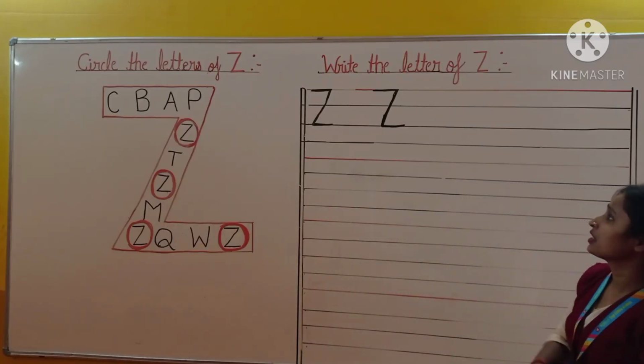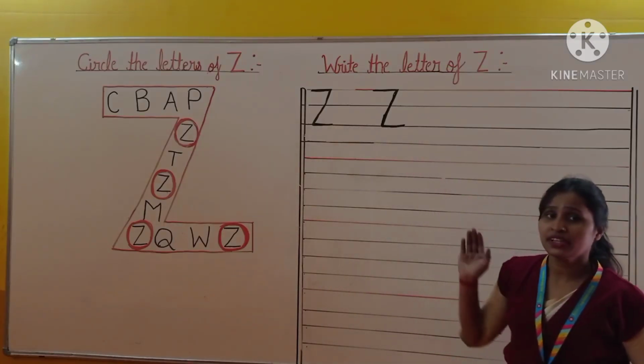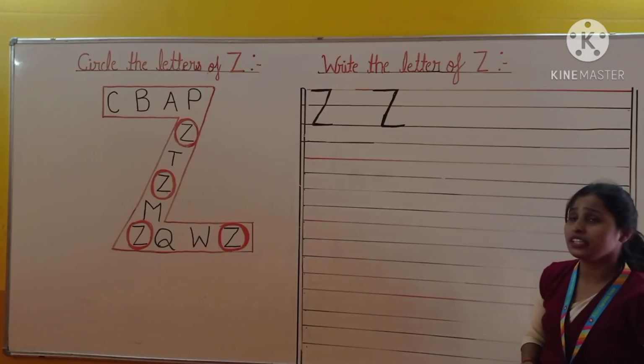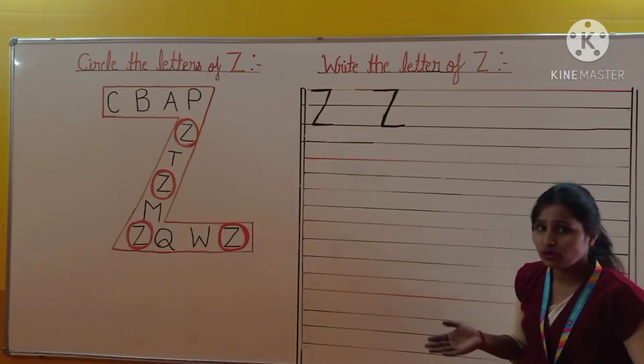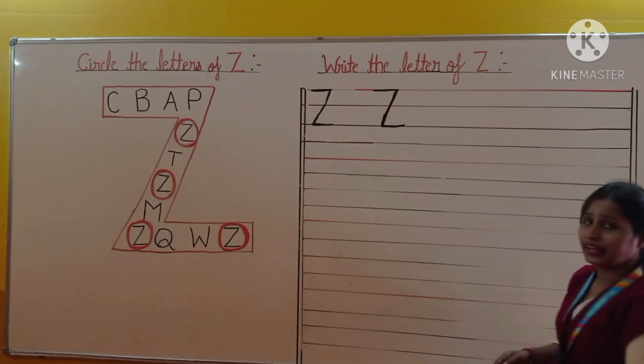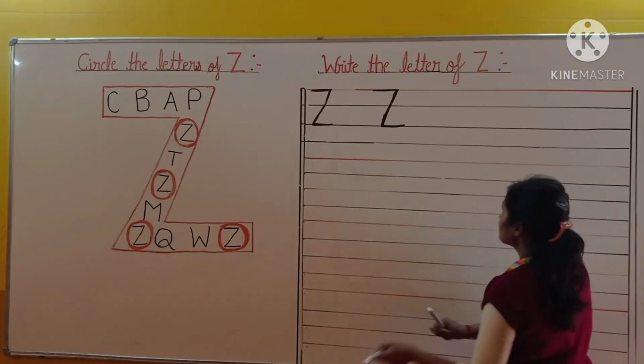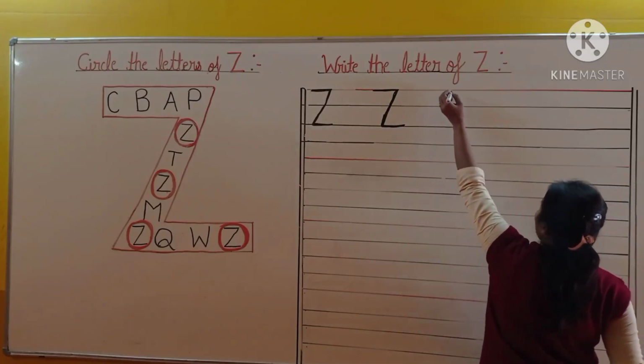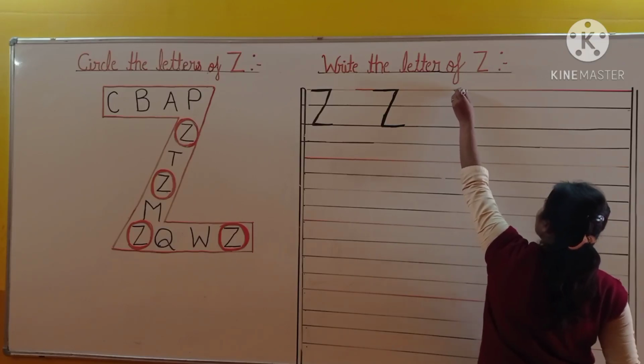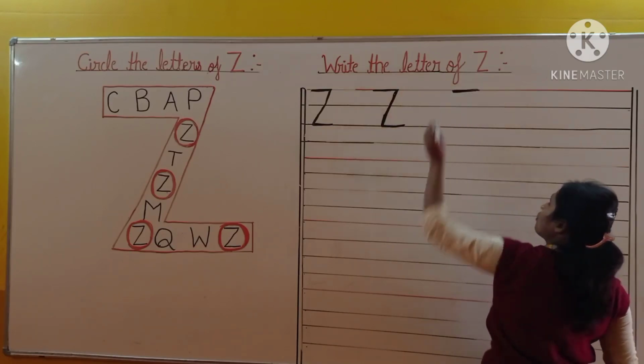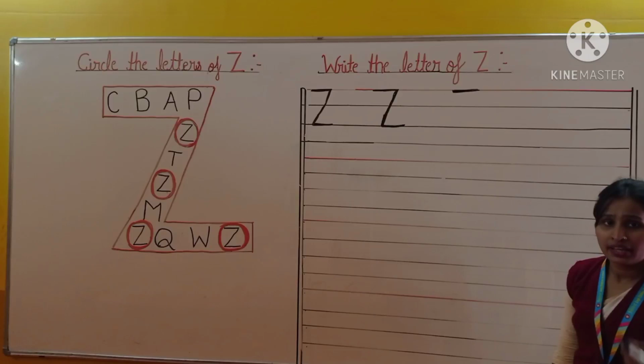Okay students, this is a capital letter J. J is for zebra. Okay, repeat again. Start from the dot, draw a sleeping line.